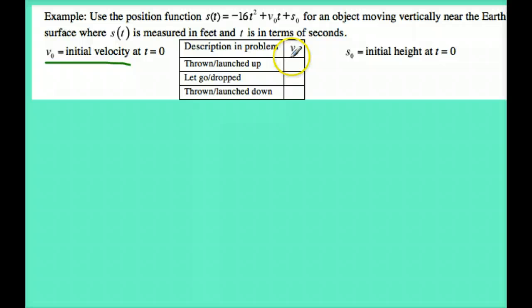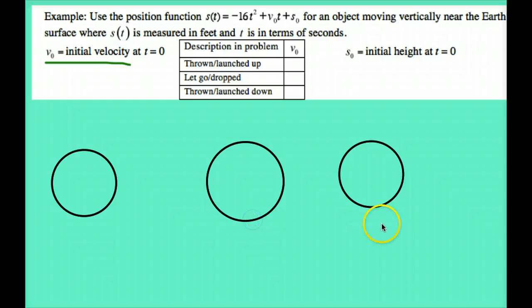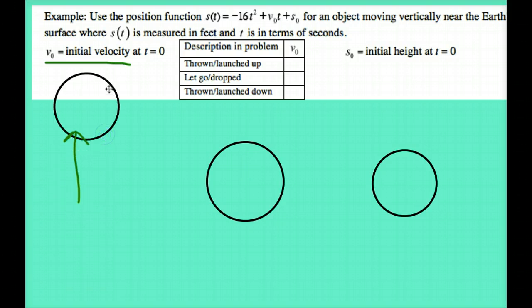So if we take a look, anytime something is thrown up, so let's say I have 3 balls right here. Here's 1, here's 2, and here's 3. For the first one, if I am thrown up in this direction, that means my initial velocity is positive.